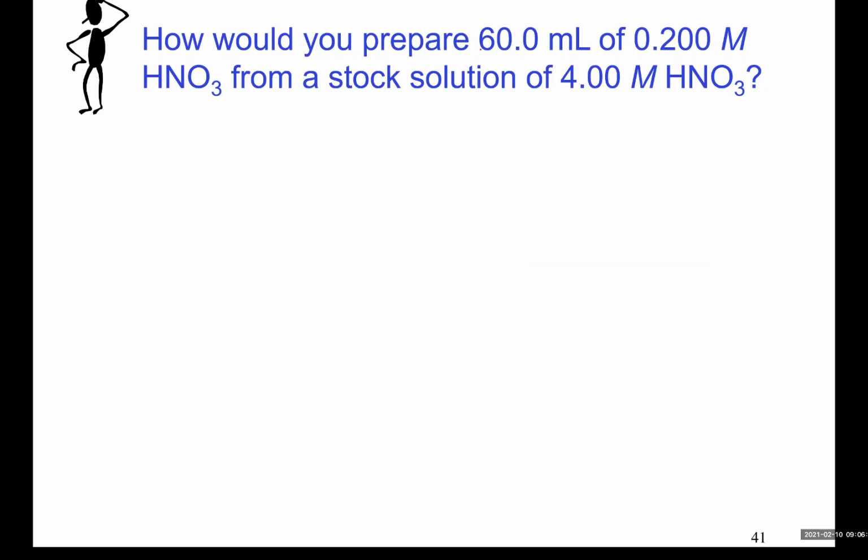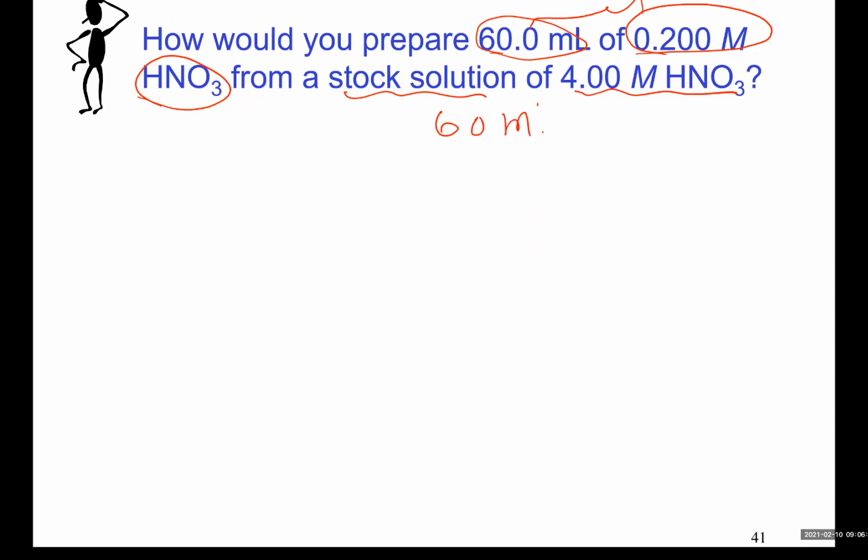How do you make 60 ml of 0.2 mole per liter of nitric acid from a stock solution of 4 molar nitric acid? So can I say this is information about the final solution? In other words, I want to make 60 ml. That is V final. And I want to make a solution with a concentration of 0.200 mole per liter.